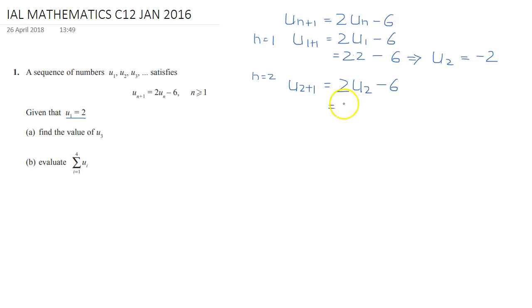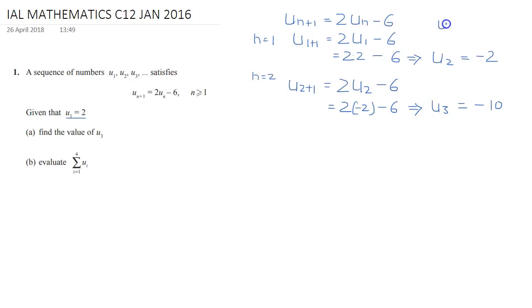This means 2 u2 is negative 4, minus 6. So this means u3 is equal to minus 4 minus 6, which is minus 10. Now this is the first part. We have to calculate the value of u3.